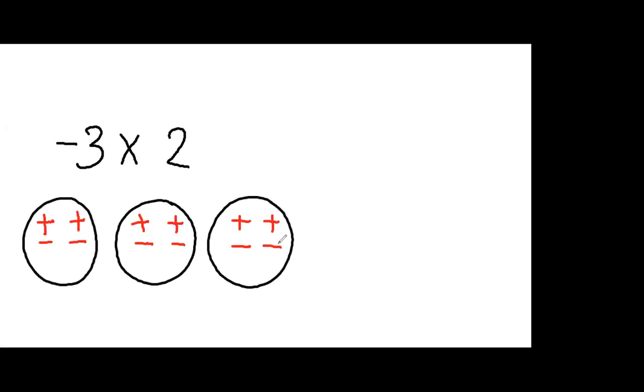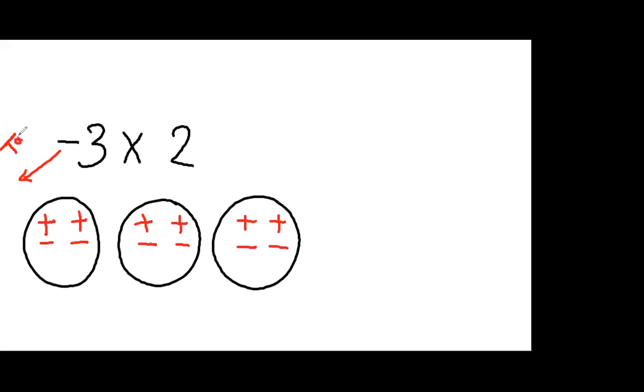The first sign, this one, told us that this one is what? Take away. Take away how many? 2. Take away 2 positive from each group.